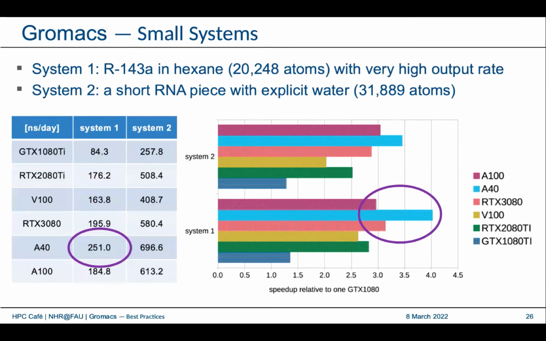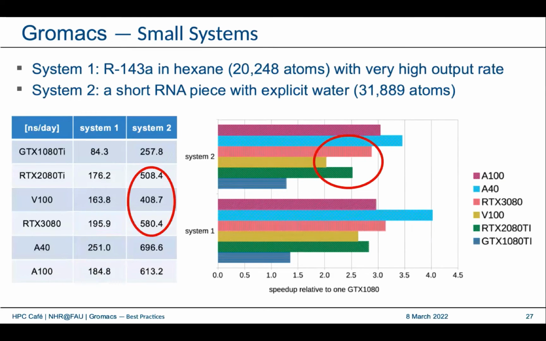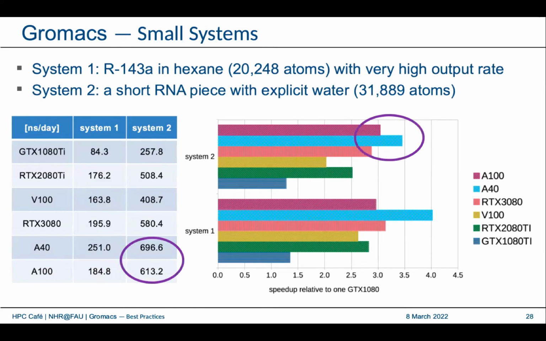And for system 2, which is just around 32,000 atoms, but with a normal output rate, I'm going to show you in the end what I mean by a normal output rate. Again, we can see here that it doesn't make a difference if you use the old RTX GPUs or the new RTX GPUs. The speedup is mostly the same here. But again, the increase for the A40 and the A100.